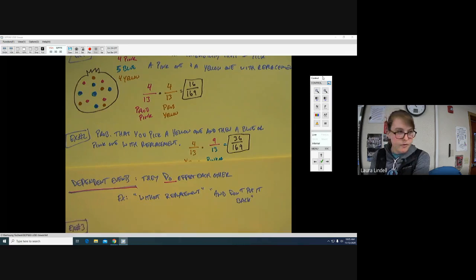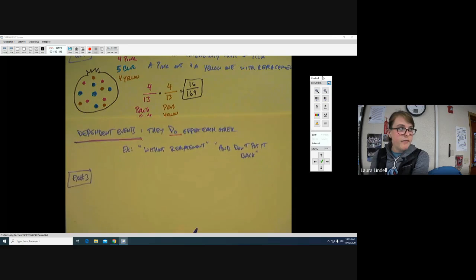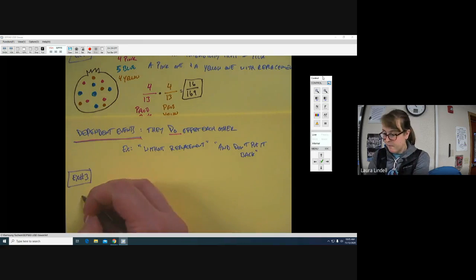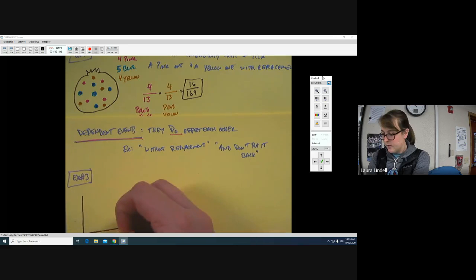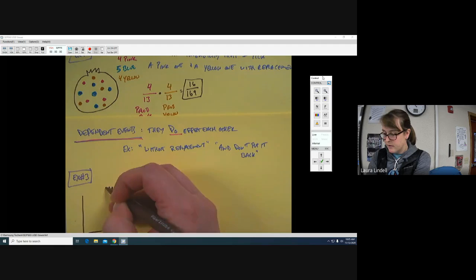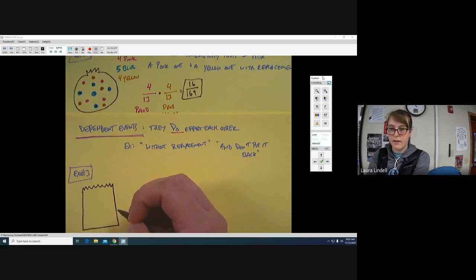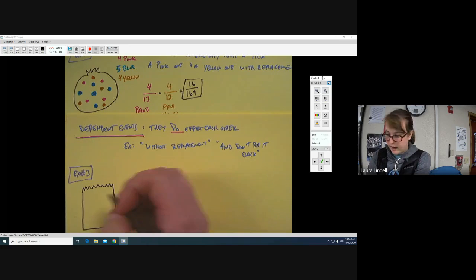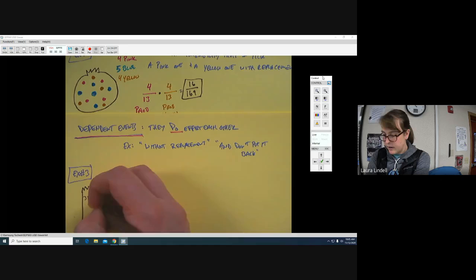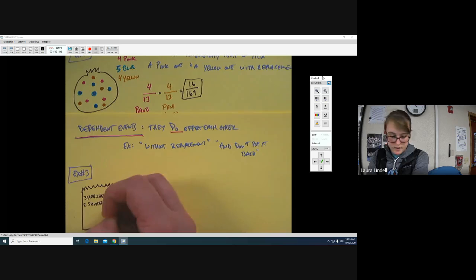For example number 3, this time instead of having marbles in a bag, we're going to have candy bars in a bag. So here's my brown bag of candy bars, as one has lying around the house. And we're going to have 3 Hershey bars in here, 2 Skittles. What else?